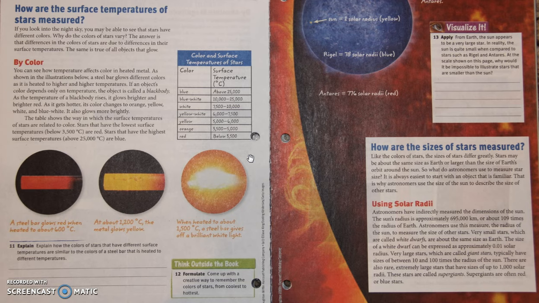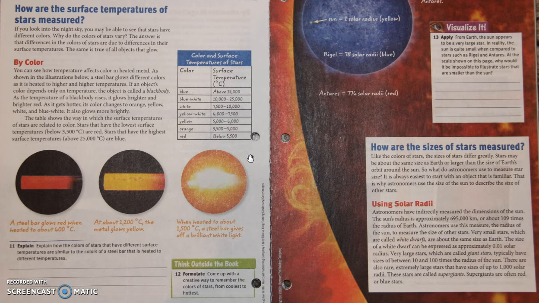Very small stars, which are called white dwarfs, are about the same size as Earth. The size of a white dwarf can be expressed as approximately 0.01, or 1/100th, of a solar radius. Very large stars, which are called giant stars, typically have sizes of between 10 and 100 times the radius of the Sun.